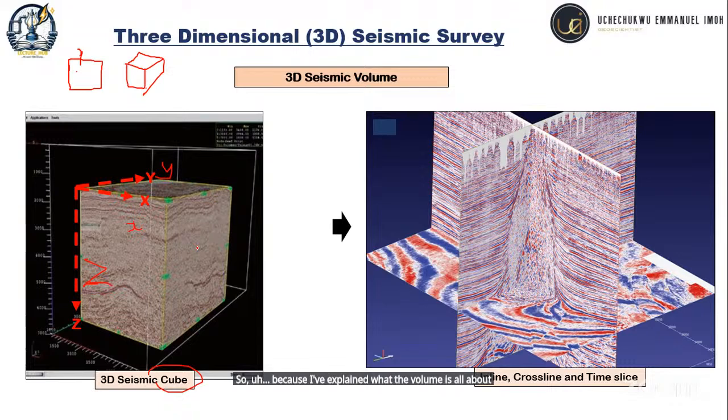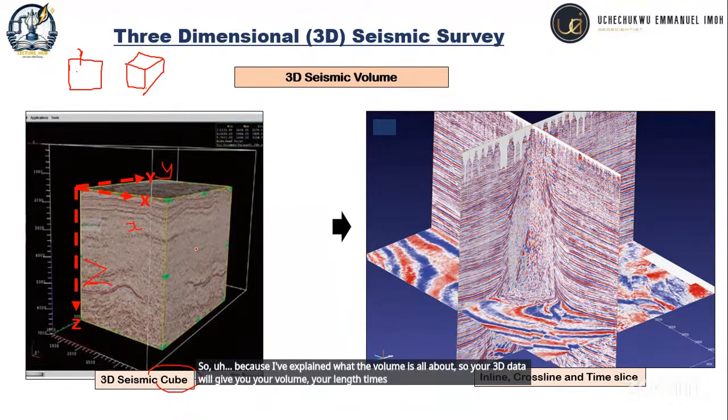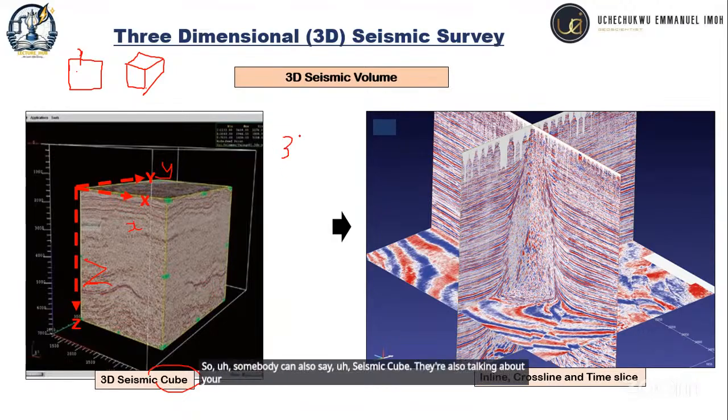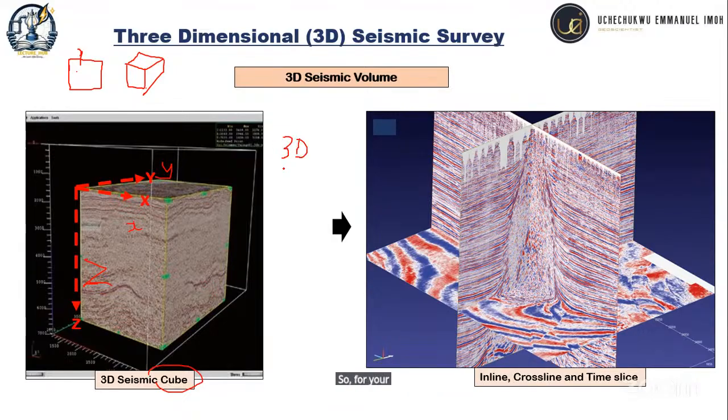So your 3D data will give you your volume, your length times breadth times height. Somebody can also say seismic cube. They're also talking about your 3D seismic data. So for your 2D seismic, you don't get a volume, you don't get a cube.